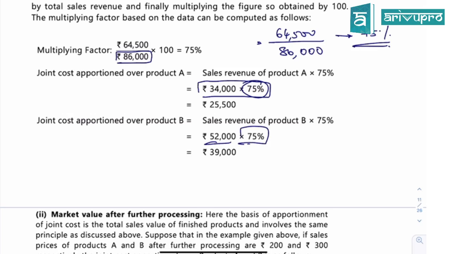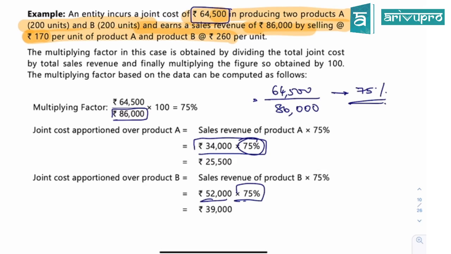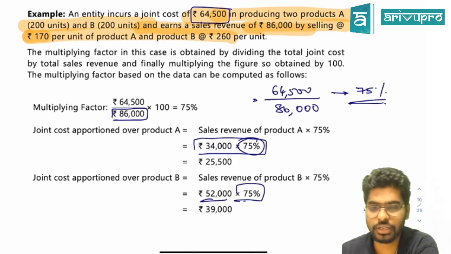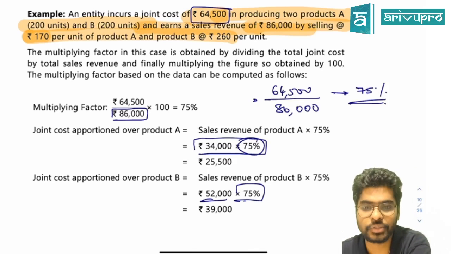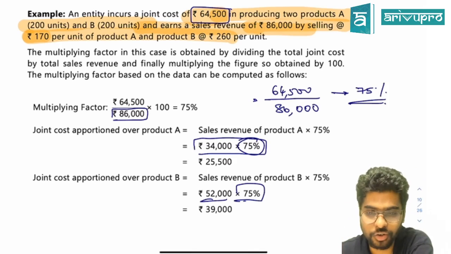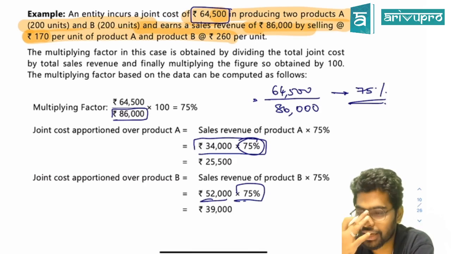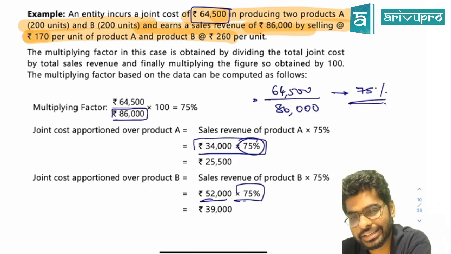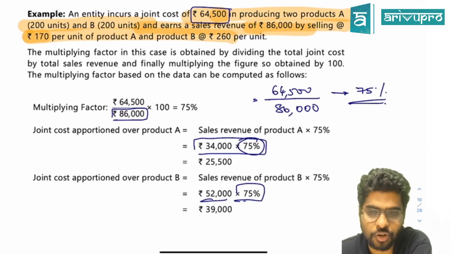So in this particular question, what we are trying to do is see, for example, I know my total revenue is going to be 86,000 and I have incurred a joint cost of 64,500 till now. So I know that 75% of it is out of my pre-separation cost.